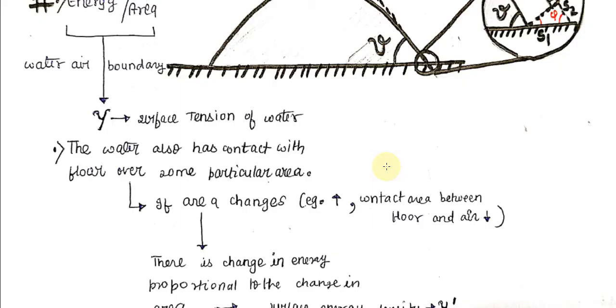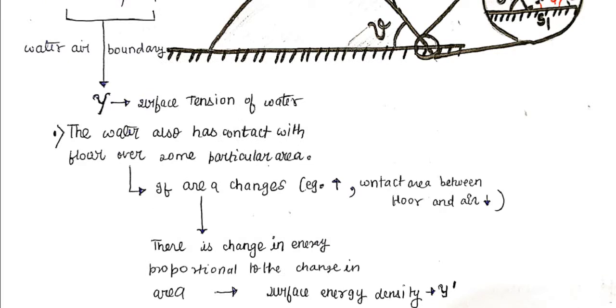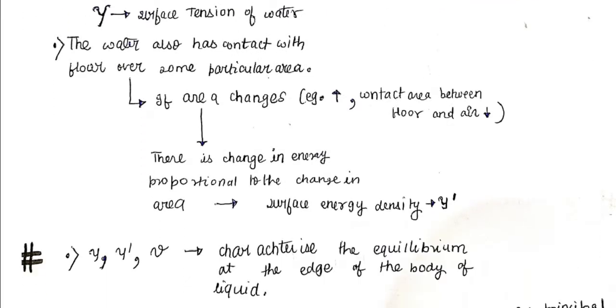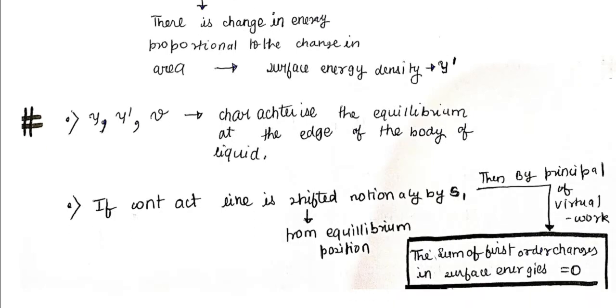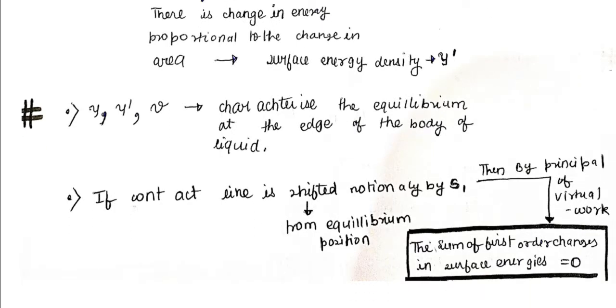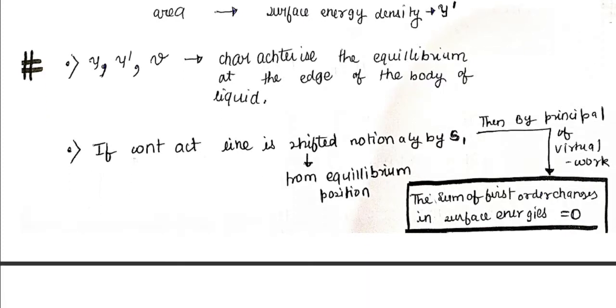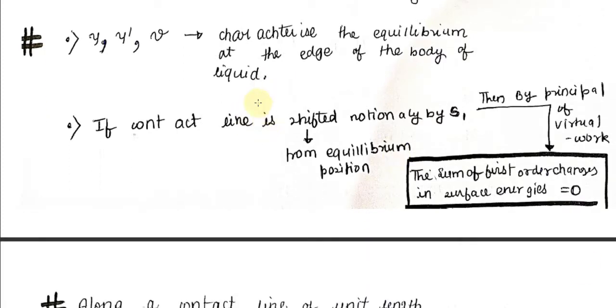So gamma dash and nu characterize the equilibrium at the edge of the body of the liquid. If the contact line is shifted notionally by s1 from the equilibrium position.